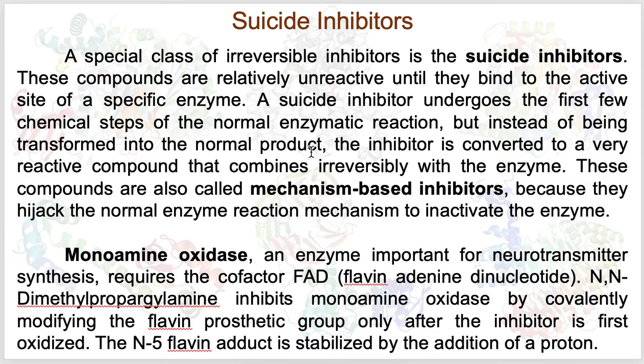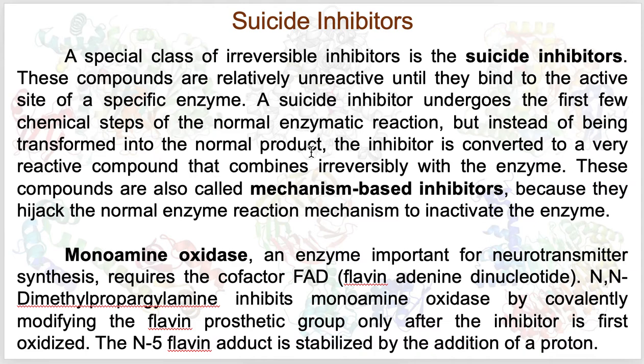So what it means is that suicide inhibitors almost act as a substrate for the enzyme. First they bind with the enzyme, and the enzyme tries to catalyze these suicide inhibitors. In the beginning, the change of the suicide inhibitor is almost like the original substrate.